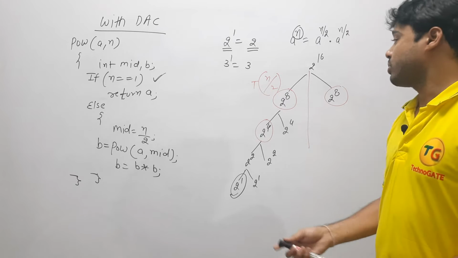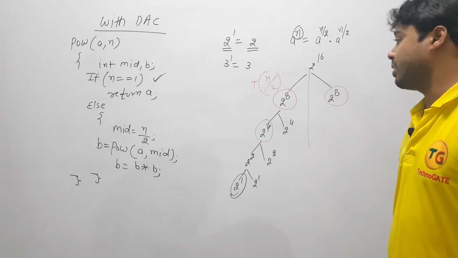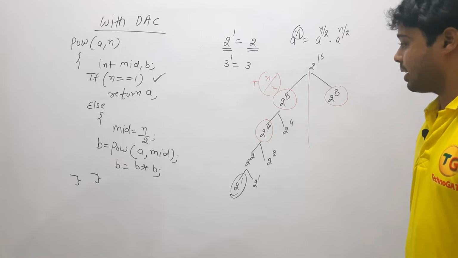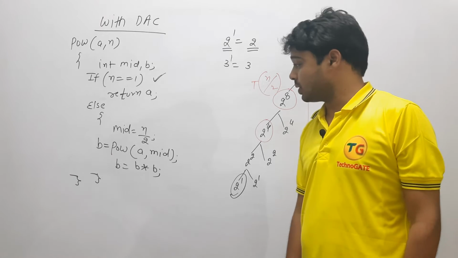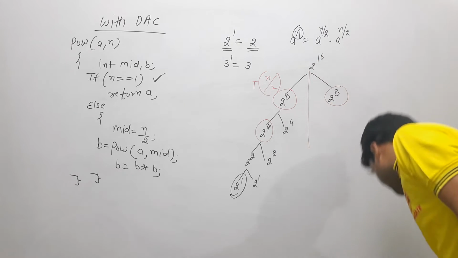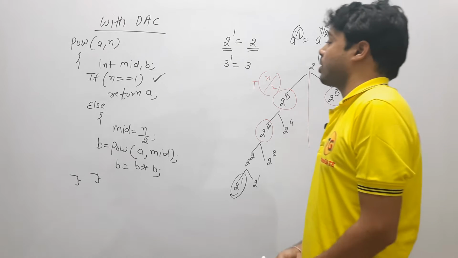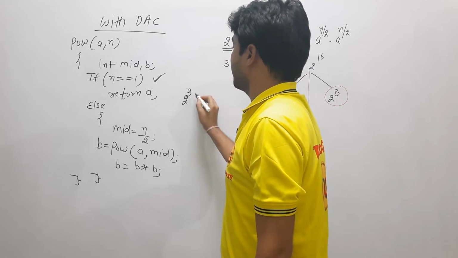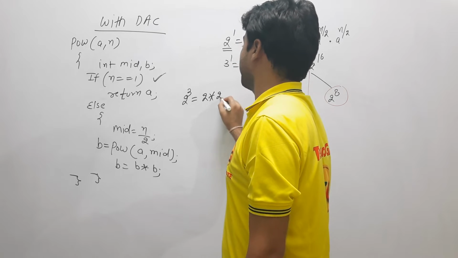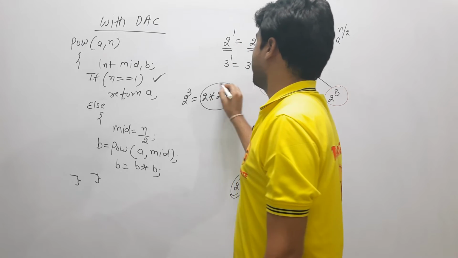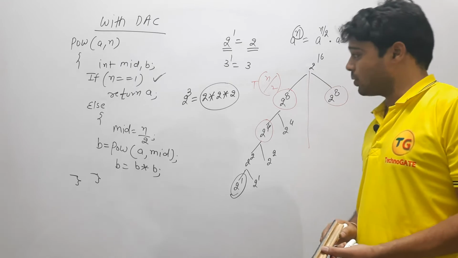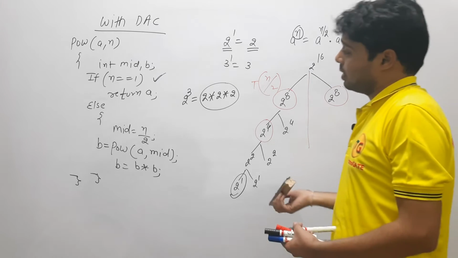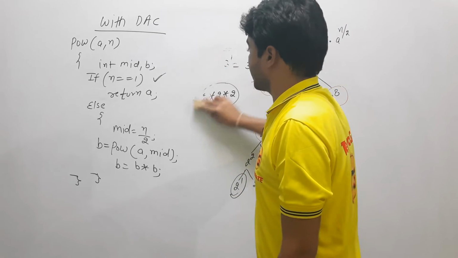Okay, so let's see what time complexity is required here. To find the power 2 raised to power 3, what operation is needed? Multiplication, 2 into 2 into 2. Let's see how many multiplications are required.